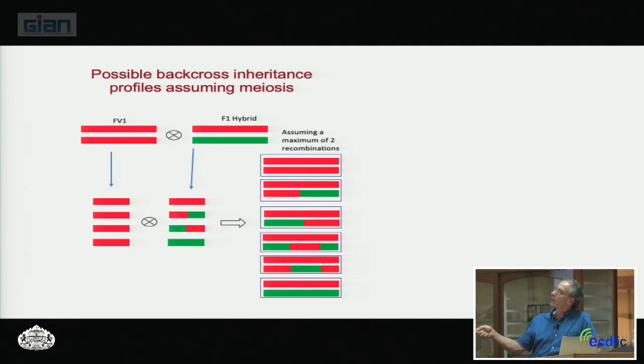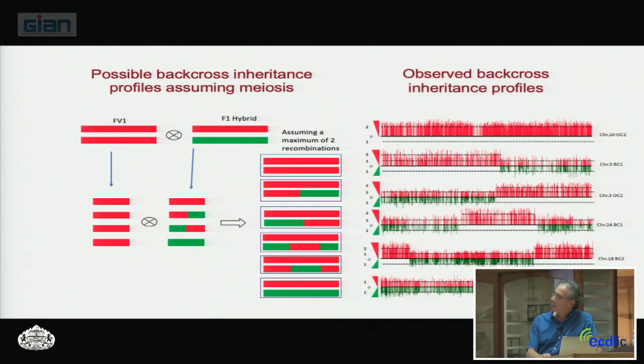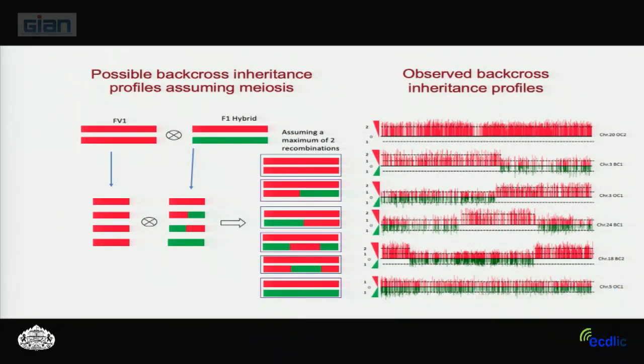So these are the possible backcross inheritance profiles, assuming meiosis and assuming a maximum of 2 recombinations for each homologous chromosome. So these are the kinds of reciprocal crossover events that can occur. And that's exactly what we found when we did the whole genome sequencing of these backcross hybrids.